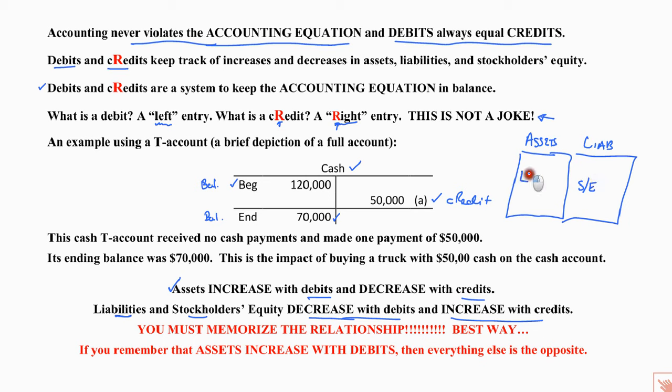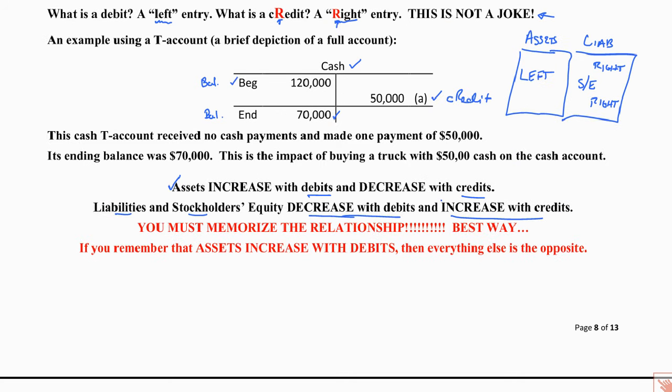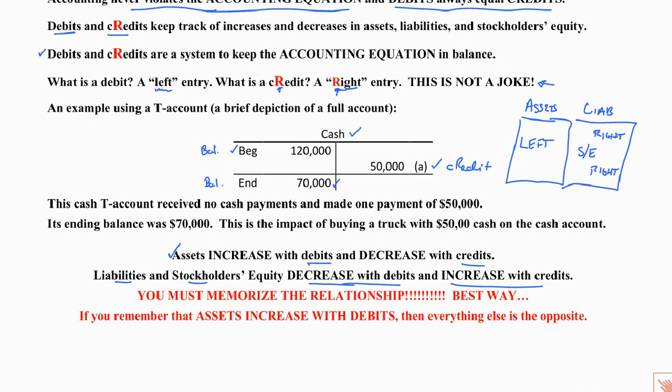So this is the left. These are increased with right and right. Okay. But absolutely have to remember that assets increase with debits, liabilities increase with credits, stockholders' equity increase with credits.